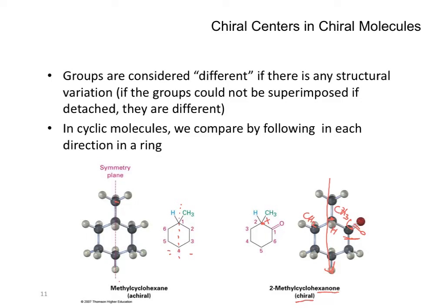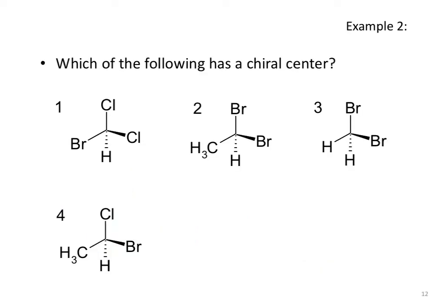So if I were to label that, I would say, here is my chirality center. So the question this time is, which of the following has a chirality center? I'm looking for all sp3. They are sp3. I'm looking for 4 different groups. And so you have that in number 4.